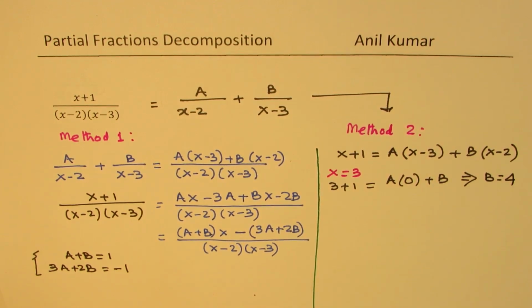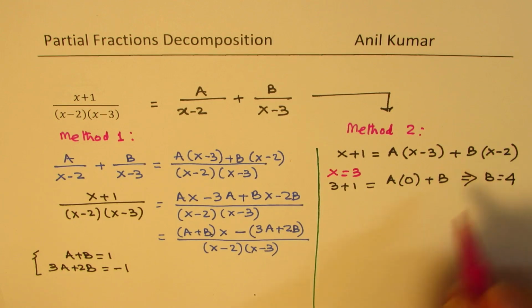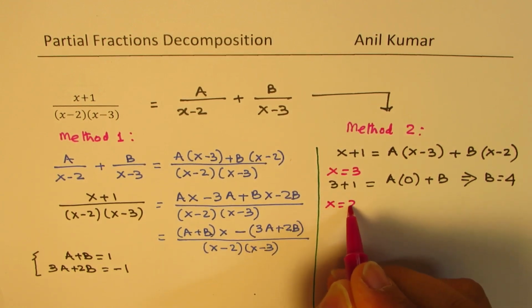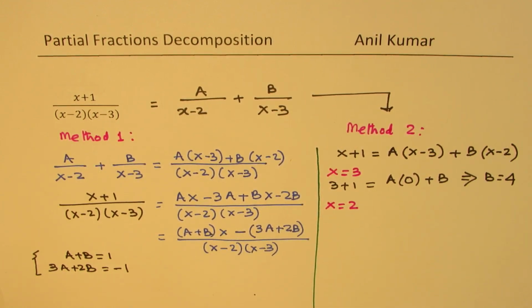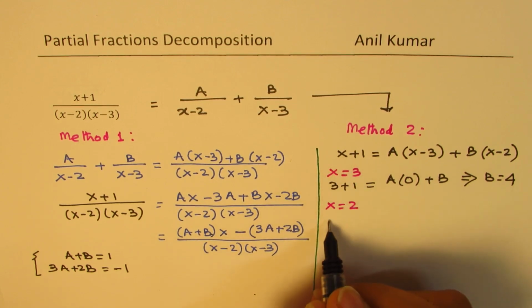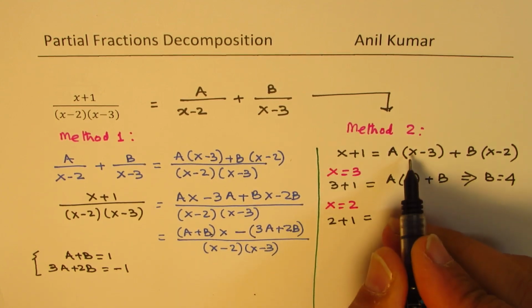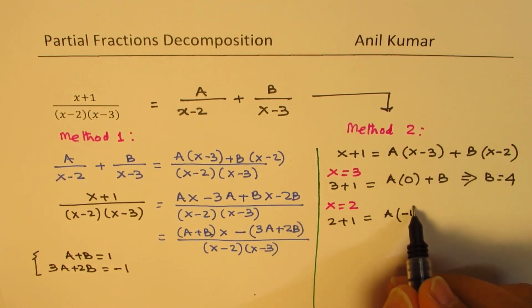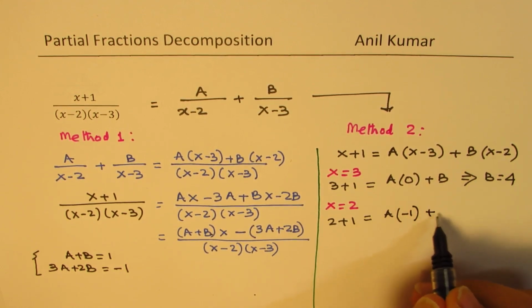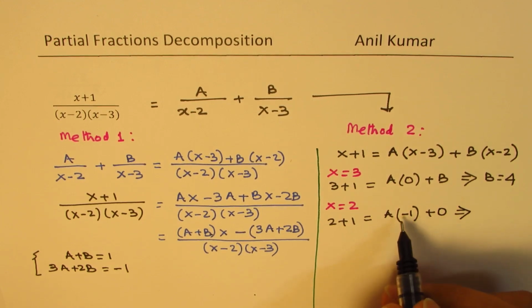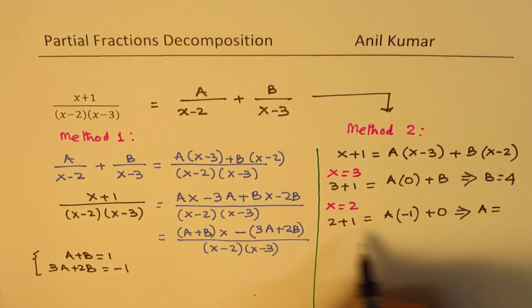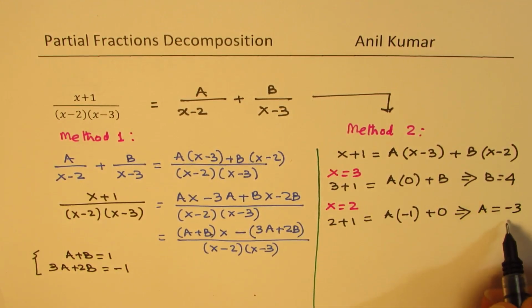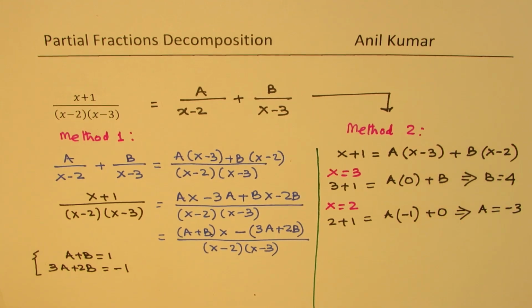Is that clear? Now if I substitute x equals 2, then what happens? Substituting 2, we get 2 plus 1 equals, now this term will be 2 minus 3, which is minus 1, and that term becomes 0, right? So then we get a as equal to minus 3. Is that clear? So this is a shortcut method, but both are valid methods.